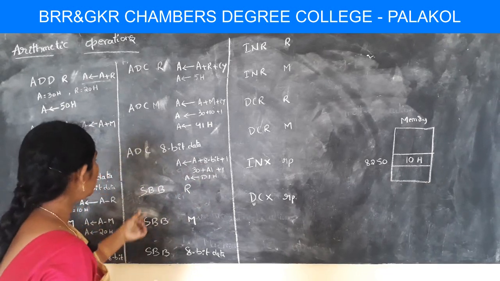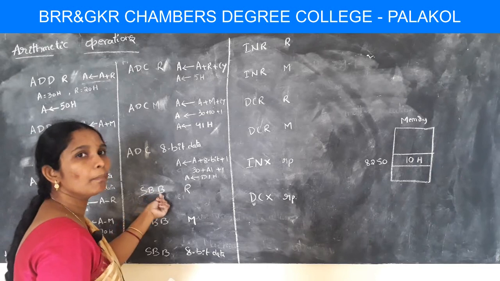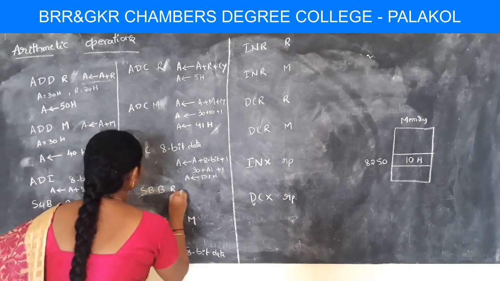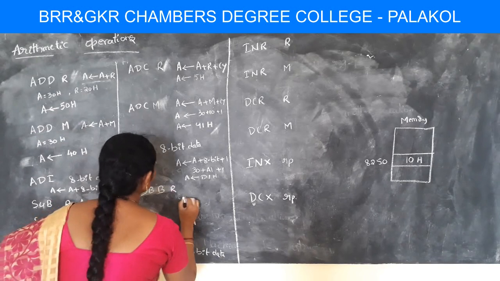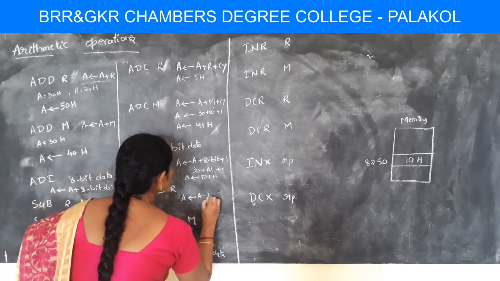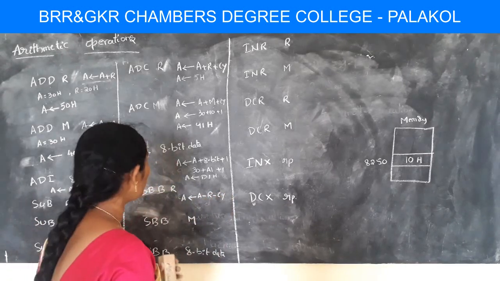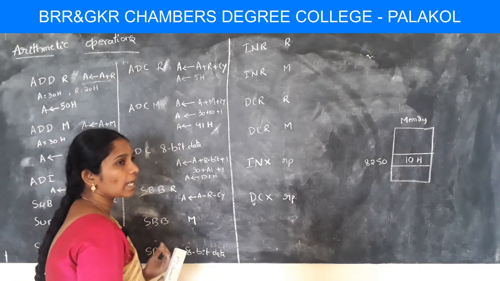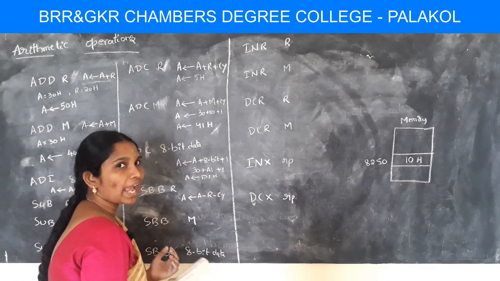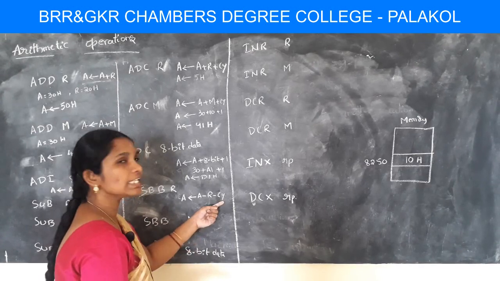And the next one is SBB, that is nothing but subtract with borrow. So the meaning of this instruction is A tends to A minus R minus CY. I already told you that in subtraction we call it a borrow, but in the flags, borrow is also denoted with CY.